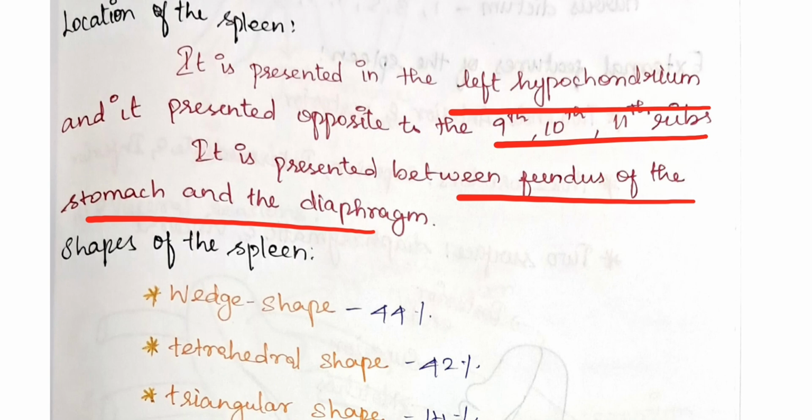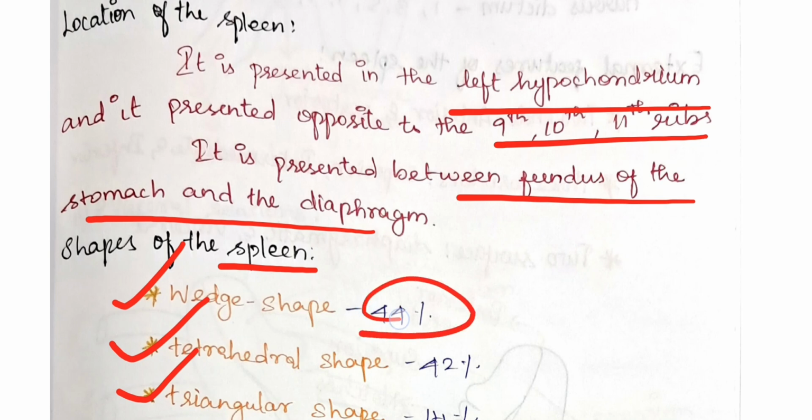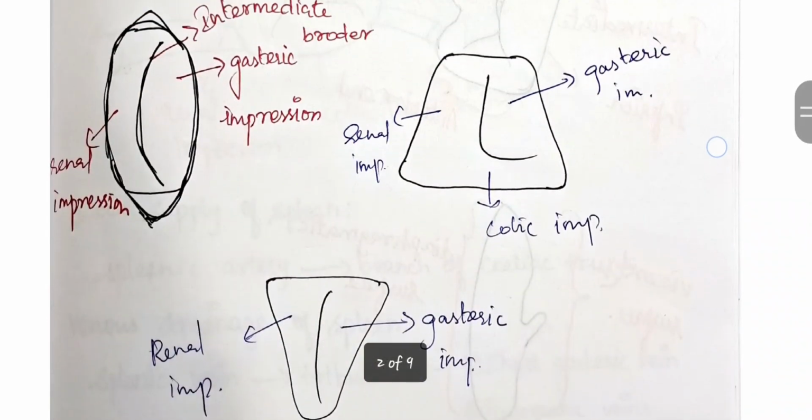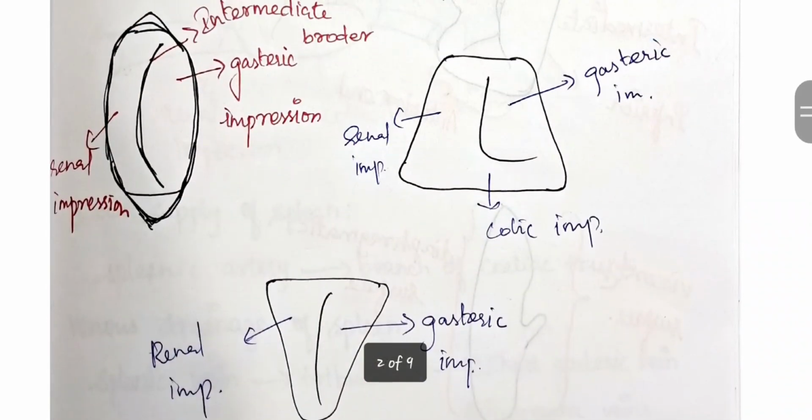Coming to the shape of the spleen, it is wedge-shaped, tetrahedral or triangular. Most of the population has a wedge-shaped spleen. These are the different shapes of the spleen.